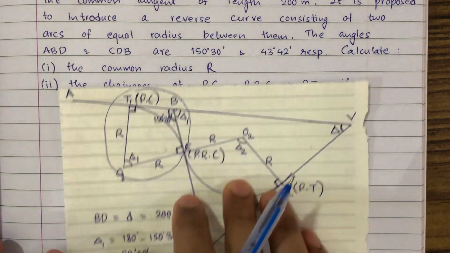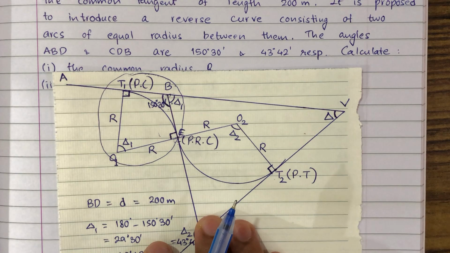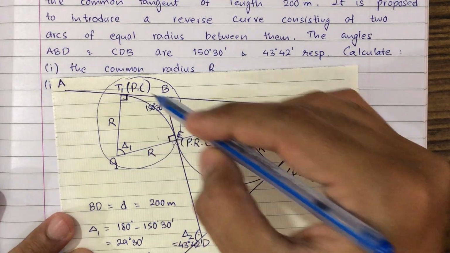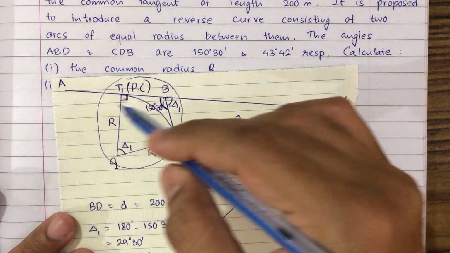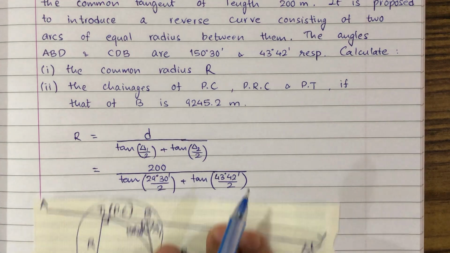Now as this common radius value has been found out, next we have to find out the length of both the arcs. Now, we know the formula for the length of an arc.